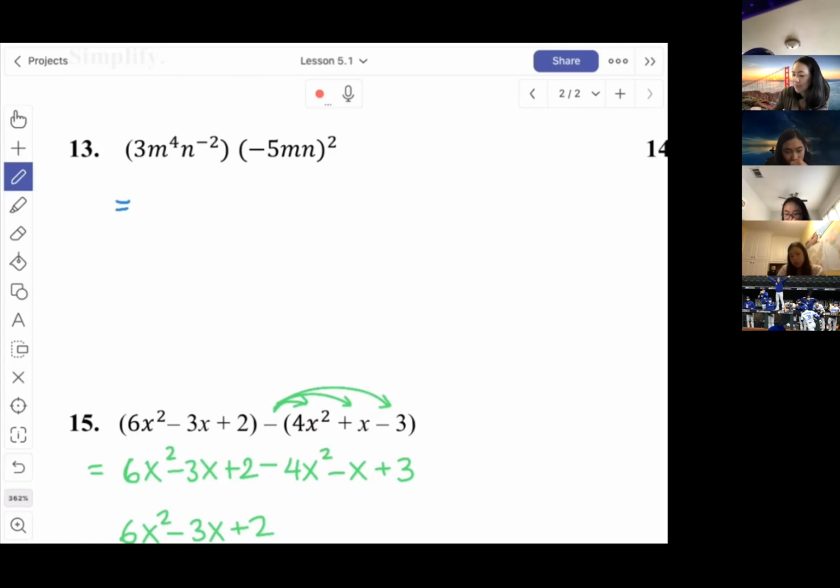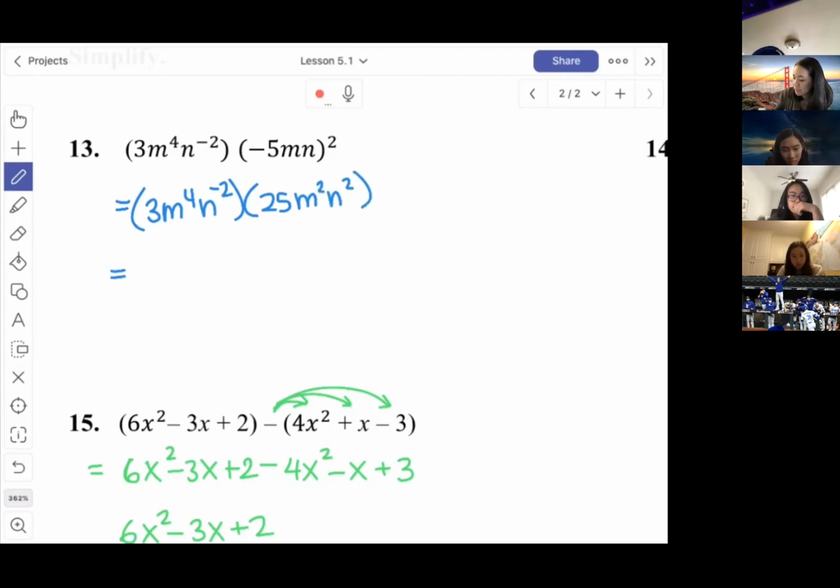Okay, so I started by distributing the second power into the -5mn. And then I got -5 m to the second power and n to the second power, but then also -5 has the second power. I forgot. Oh yeah, so that should be 25. And then I multiplied the exponents, and for the m, I got 6.